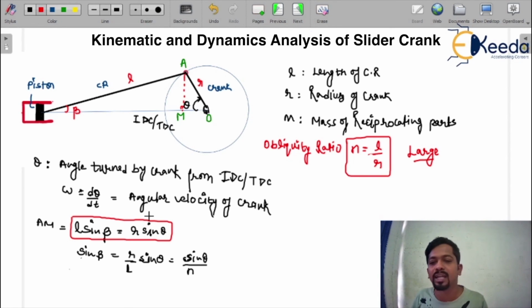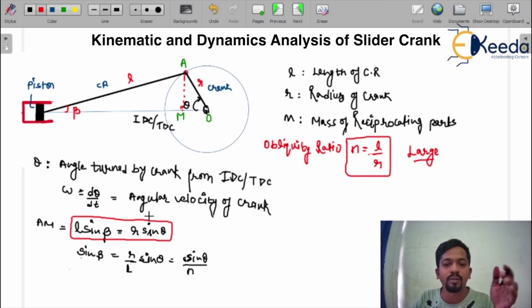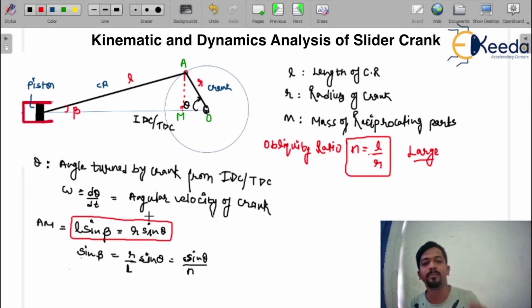So finally we all know that the ratio of the length of the connecting rod upon the radius of the crank would be considered as the obliquity ratio. If you want to calculate beta, we know that in the question there will be a theta value given. So if you want to calculate the value of beta, you have to apply this relation.